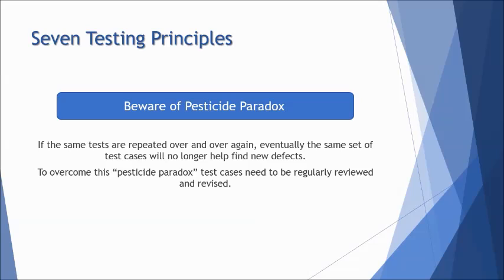Because it's also possible that the test cases you have written are outdated. So there's no point rerunning the same test cases again and again just to justify your ego that my test cases are good enough. So we always look forward to revising or updating our test cases from time to time as the requirements get modified, and be aware of pesticide paradox.